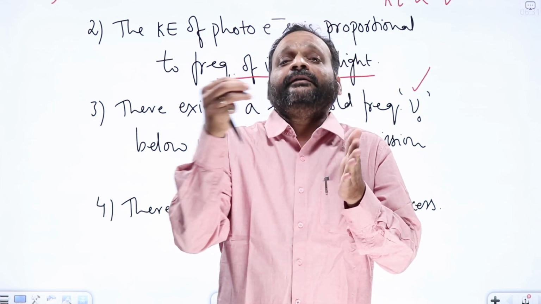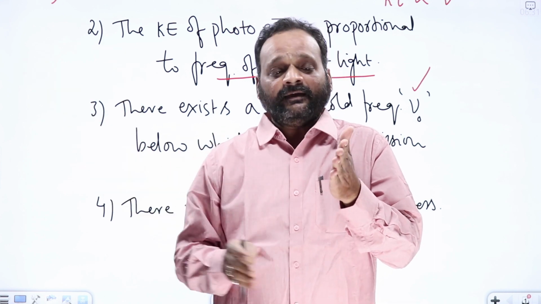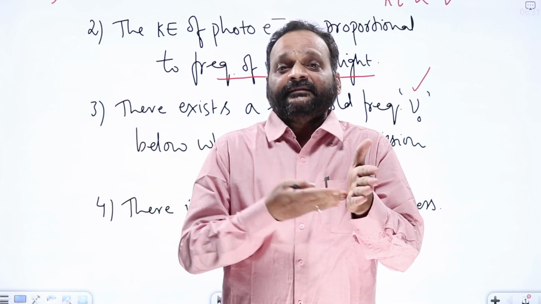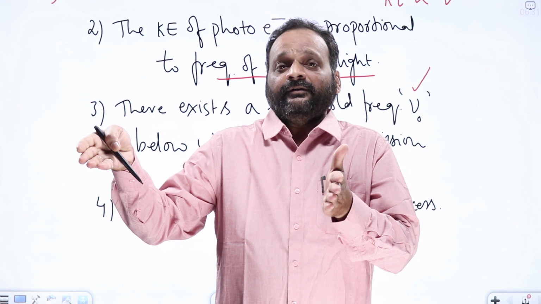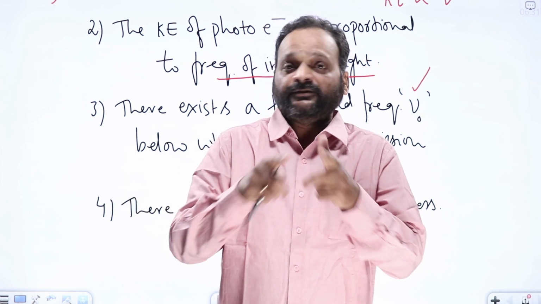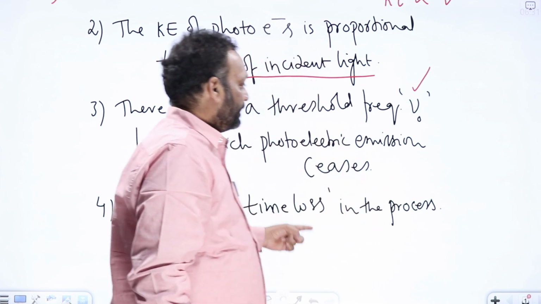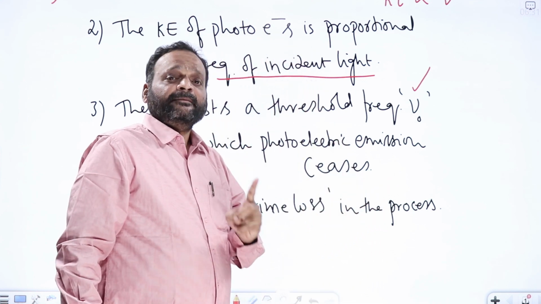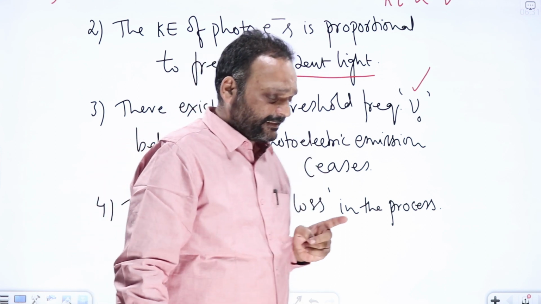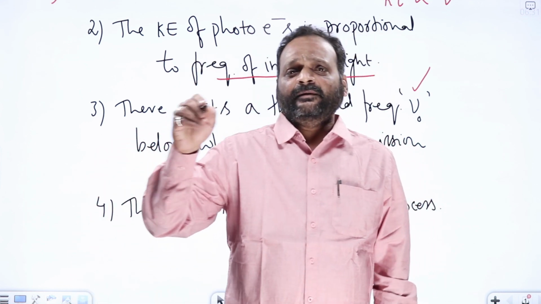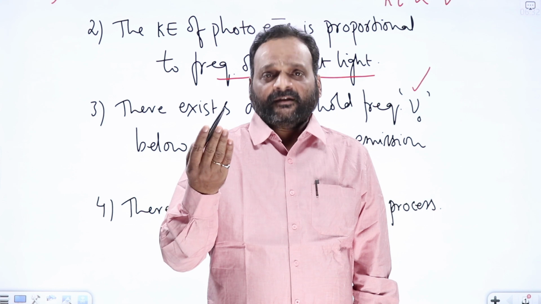Electrons should come out after, say, half an hour or an hour. But what has been observed practically is that the moment light falls, electrons come out. This also could not be explained by the classical wave theory of light. Like this, the four salient features of the photoelectric effect could not be explained properly by the classical wave theory of light, that is, light emitted in the form of waves, which was a popular thought in those days.